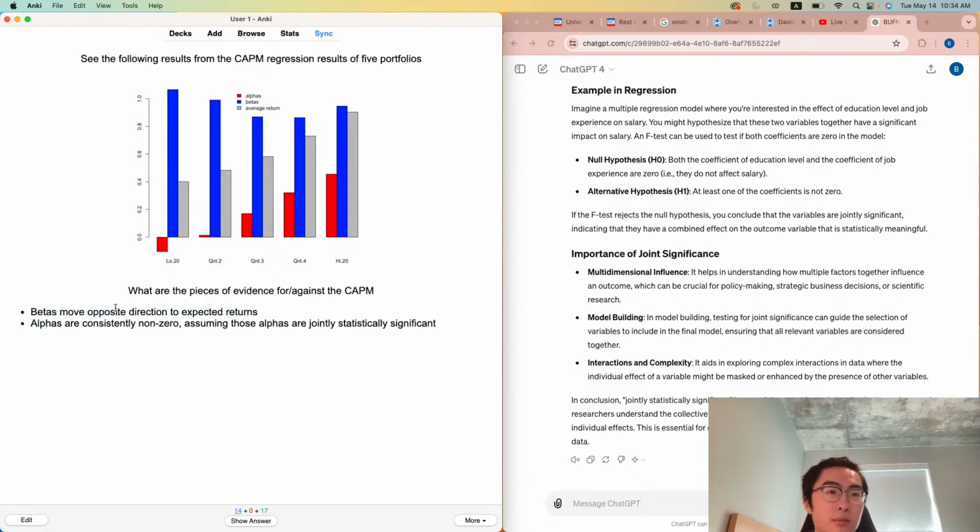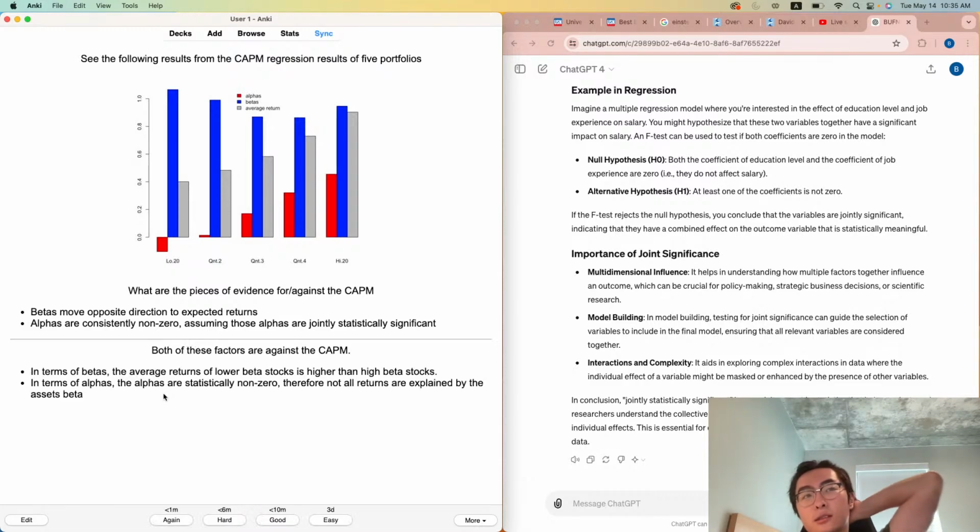Usually they should be linear and follow the same direction, so you would expect the betas to also rise as the average return rises. And then alphas are consistently non-zero. Usually with the capital asset pricing model, there should not be an alpha that exists. Okay, therefore not all returns are explained by the asset's beta.